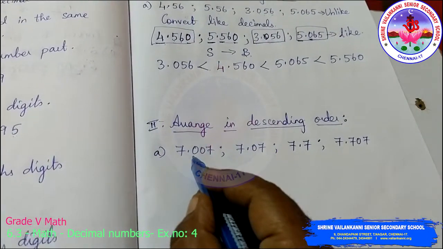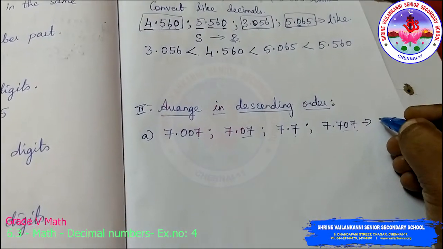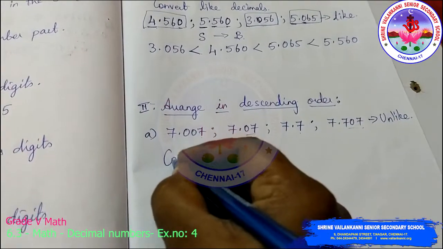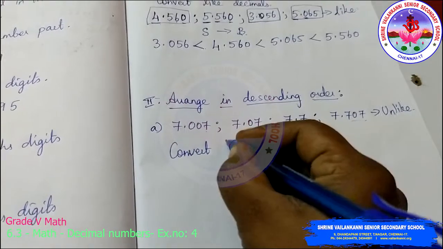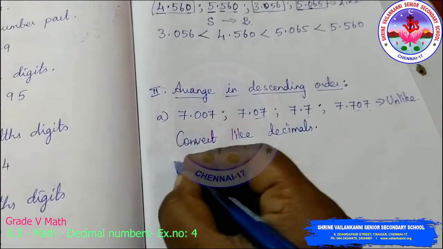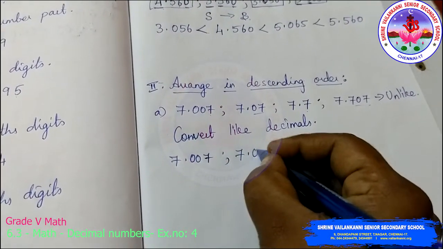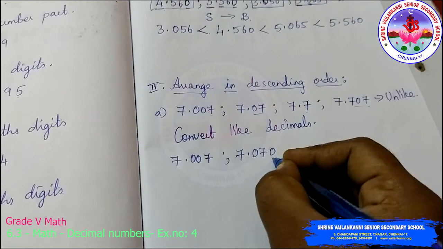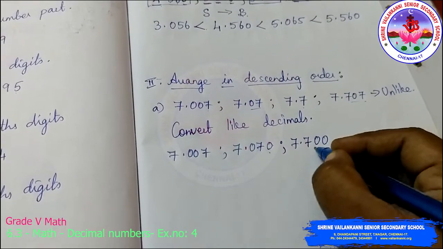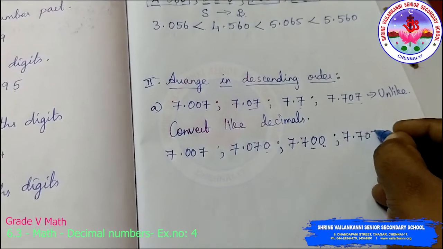Okay, the same way we are going to do the descending order also. First check: 3 digits, 2 digits, 1 digit, 3 digits. These are different numbers of decimal places, so they are unlike decimal numbers. So convert them into like decimals by adding zeros. 7.007. 7.07, I am adding 1 zero: 7.070. 7.7, here I am adding 2 zeros: 7.700. 7.707 as it is.